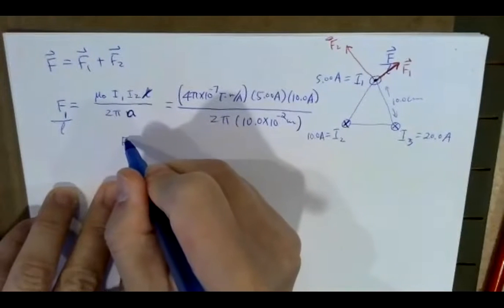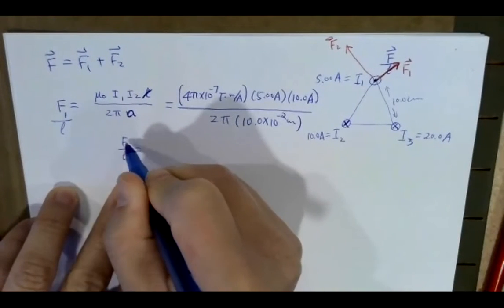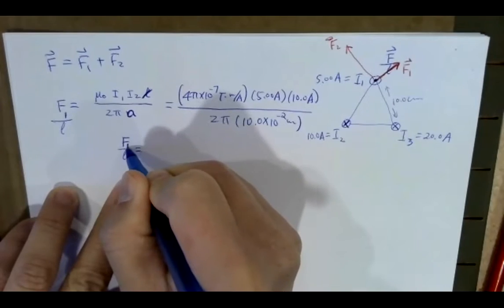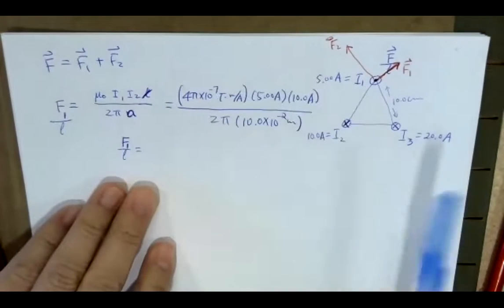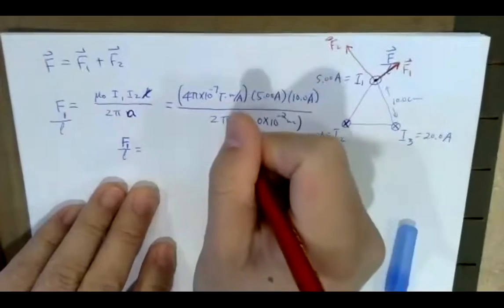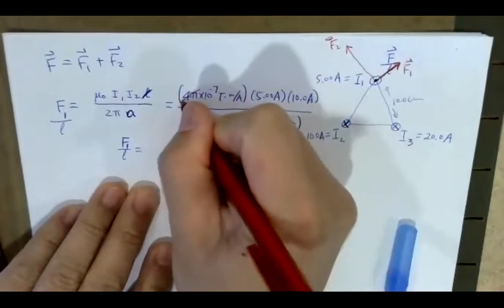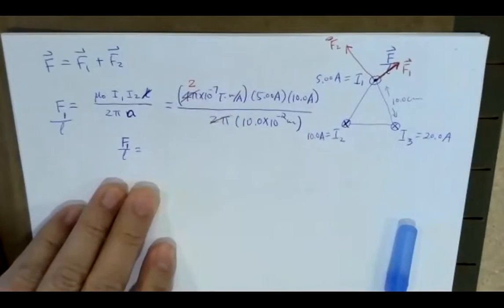So for the magnitude of F1 per meter, the 2 pi will cancel out the 4 pi partially, with 2 remaining there.